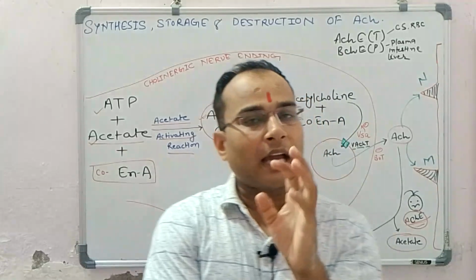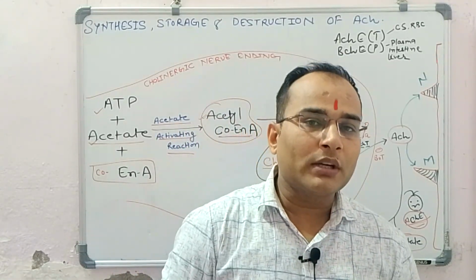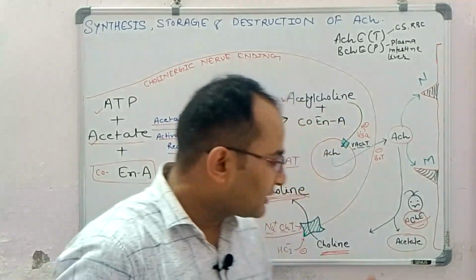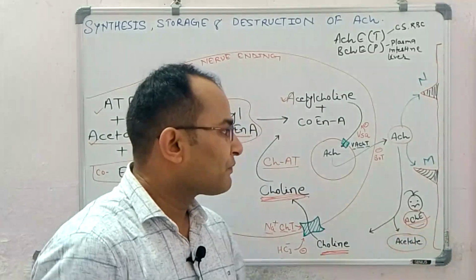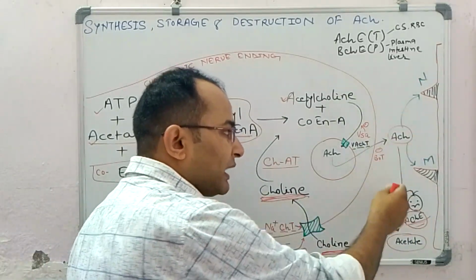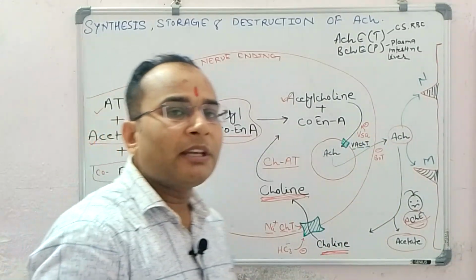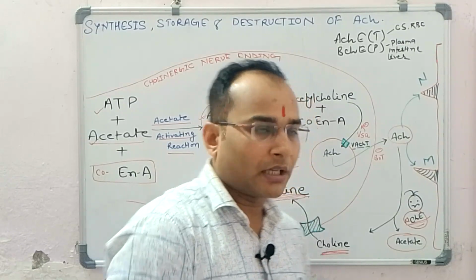As we know, there are two types of cholinesterase, depending on location and speed of hydrolysis. The acetylcholinesterase, which is present mainly in the cholinergic synaptic cleft, produces very fast hydrolysis of acetylcholine.